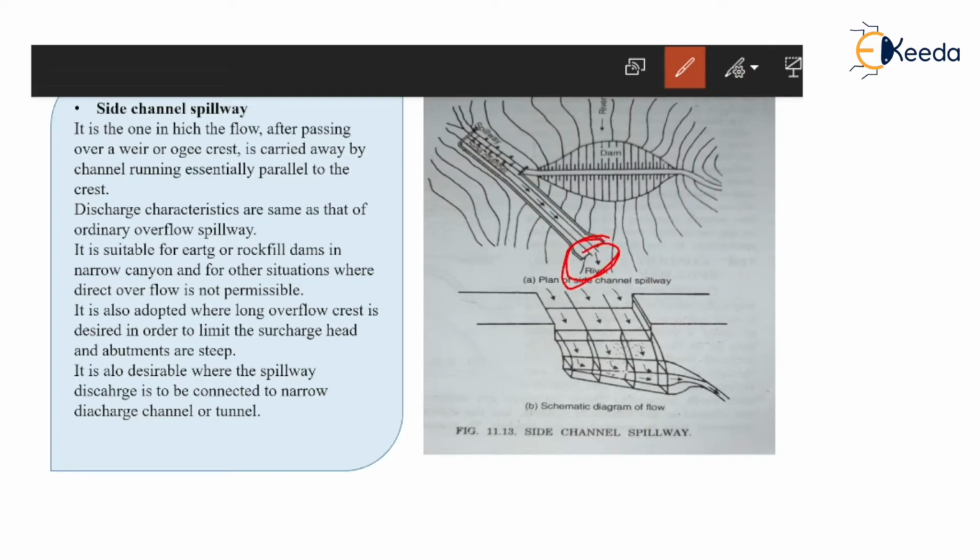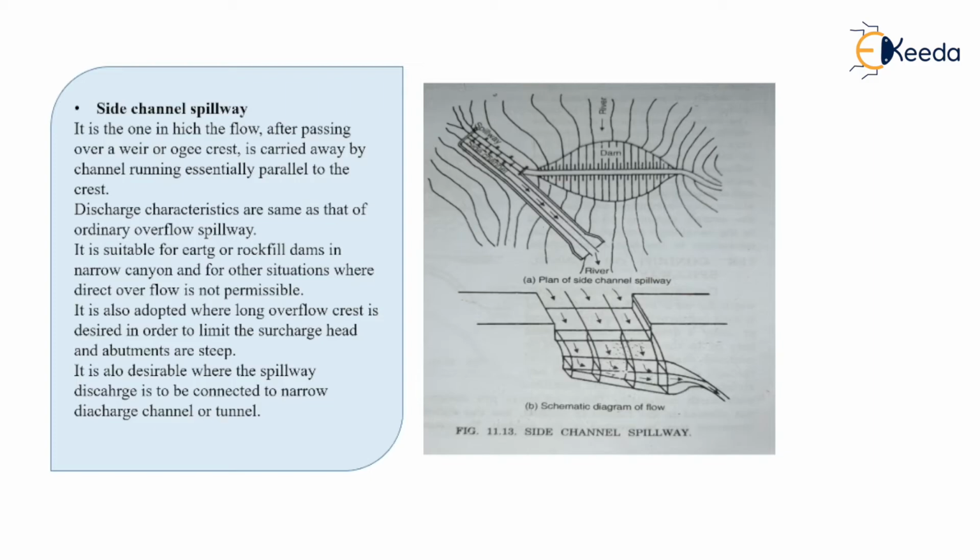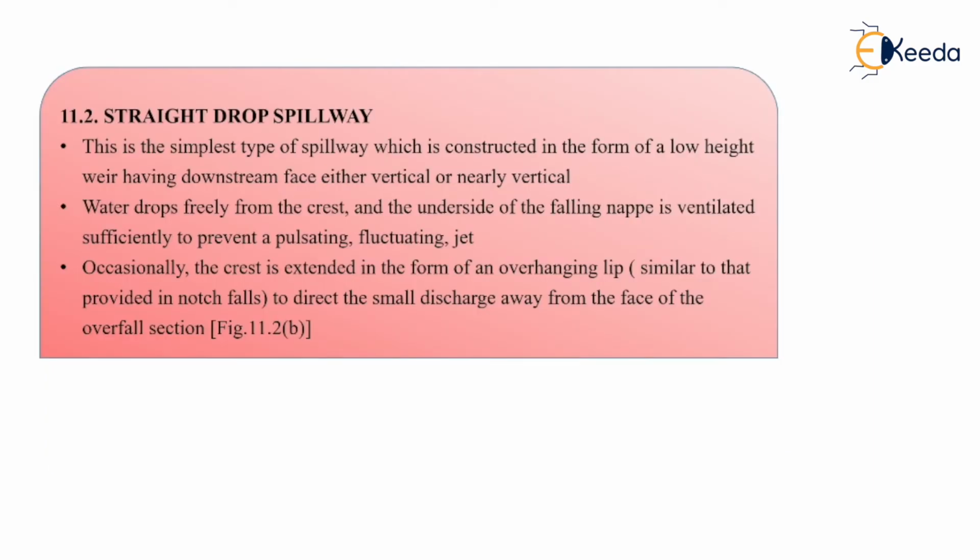This section is a wider one, so because of this your energy will be dissipated, and you can safely discharge the water through this river section. So yes, this is also one of the best examples of a spillway.